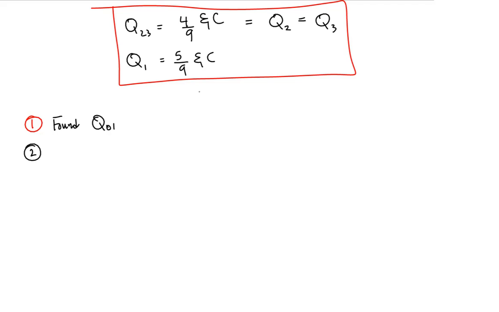So we used that initial voltage, and we used that to put capacitors 2 and 3 in an equivalent capacitor, C23.